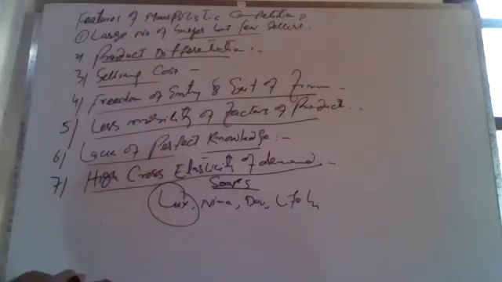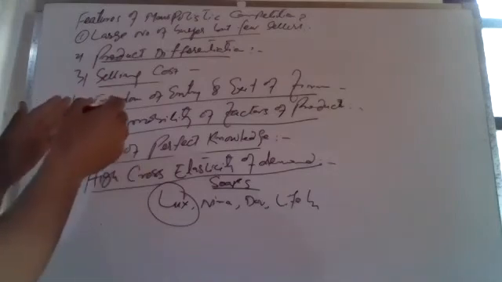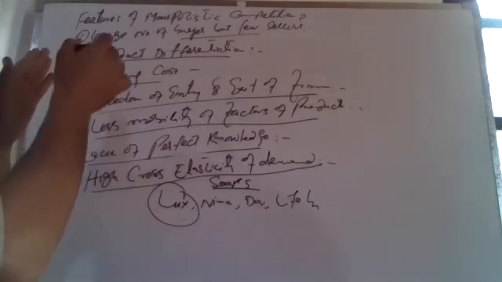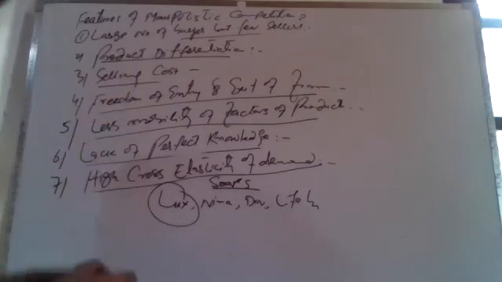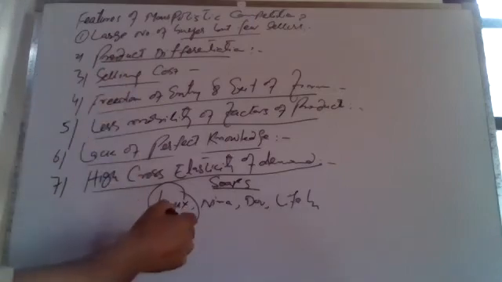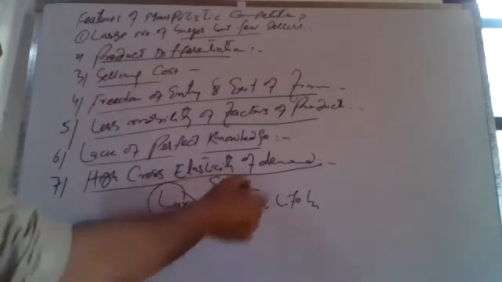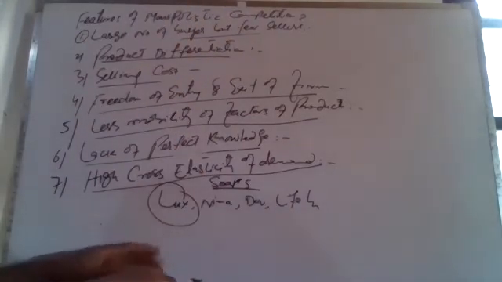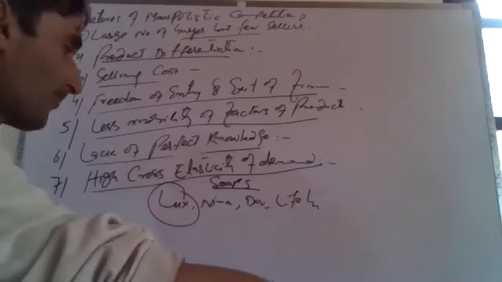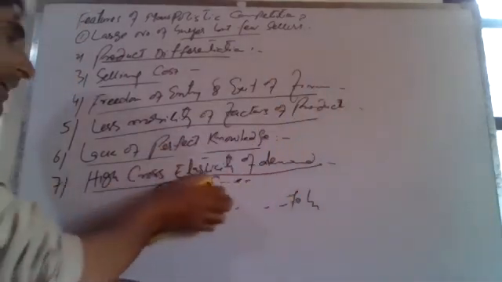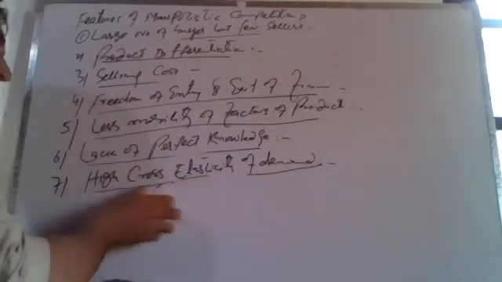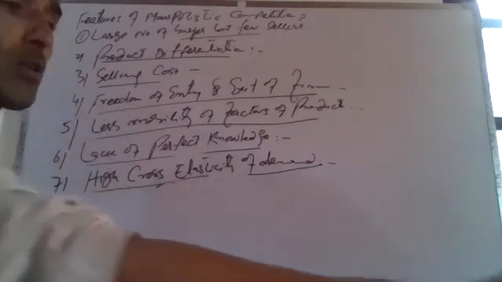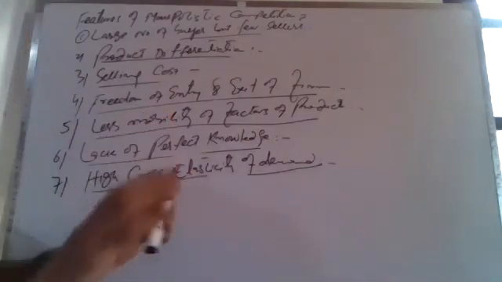If Lux increases its price, its demand will decrease due to shift from Lux to other products. This is cross elasticity of demand. So in this monopolistic market, the cross elasticity of demand is very high.